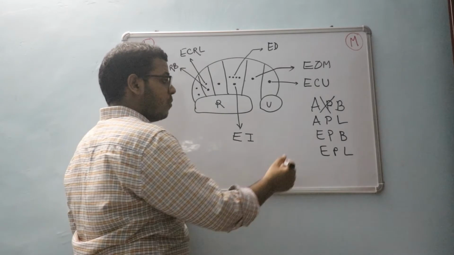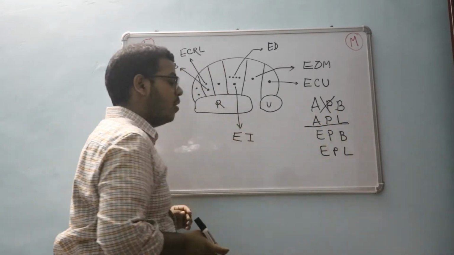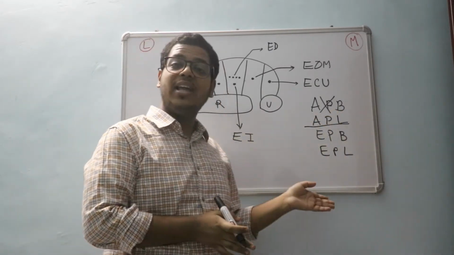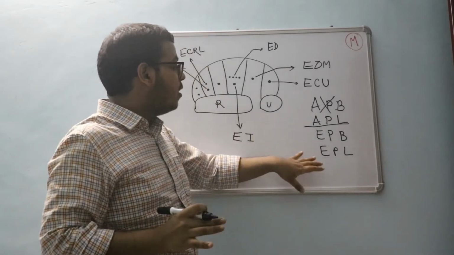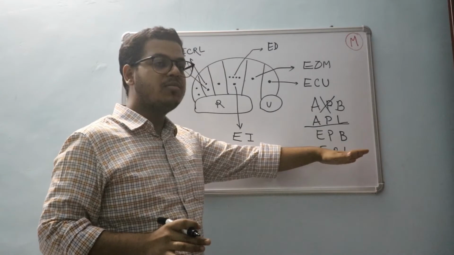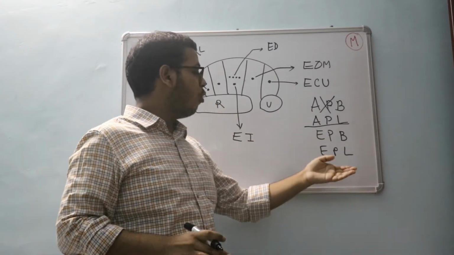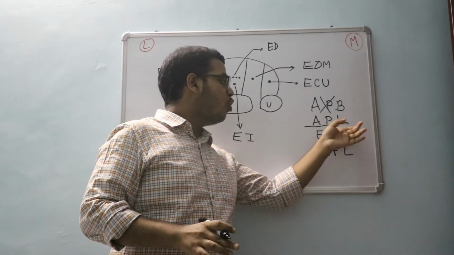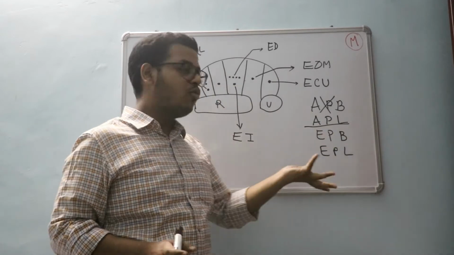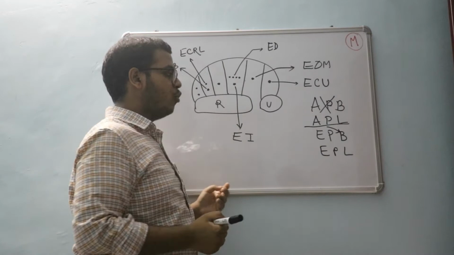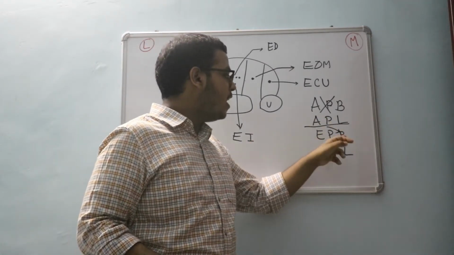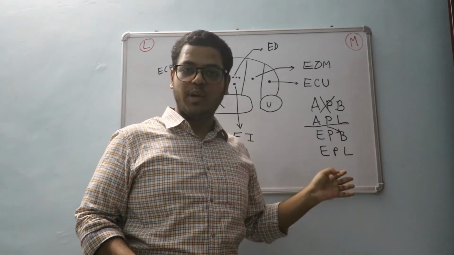Okay, so definitely one is APL, but which one is the extensor muscle, EPL or EPB? Very simple here again, there is one longus muscle, one brevis muscle. So obviously this is already longus, so it wants a brevis. You can remember it like that, or you can remember that A loves B. If A loves B, it has to take EPB along with it.